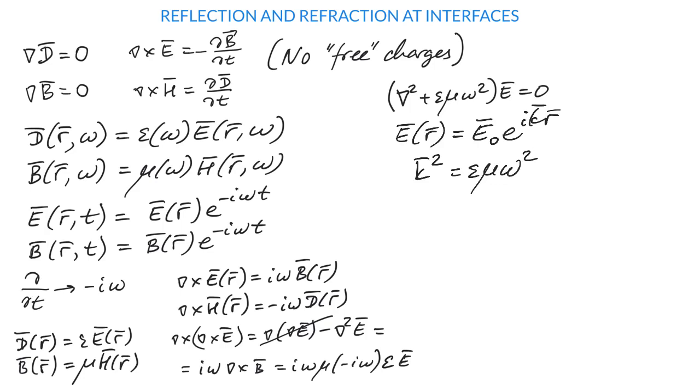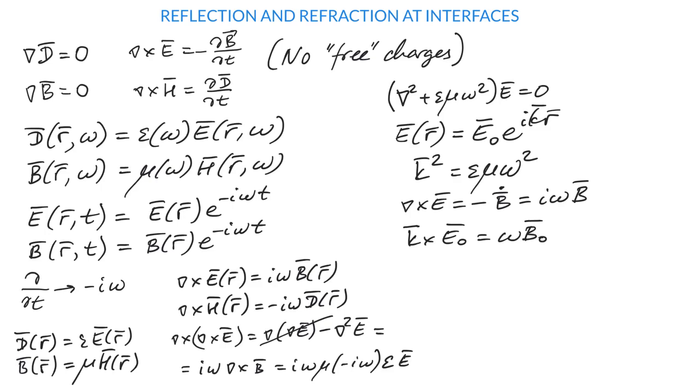Now, from the curl equation for E, we can write that curl of E equals negative B dot, which is the same thing as i omega B, and then writing E and B both in this form with e to the i k dot r, we will find that k cross E naught should be equal to omega B naught.